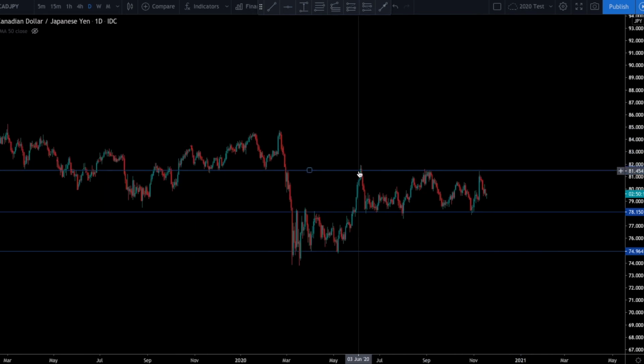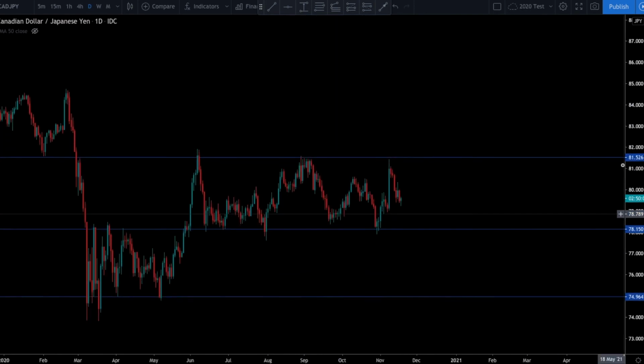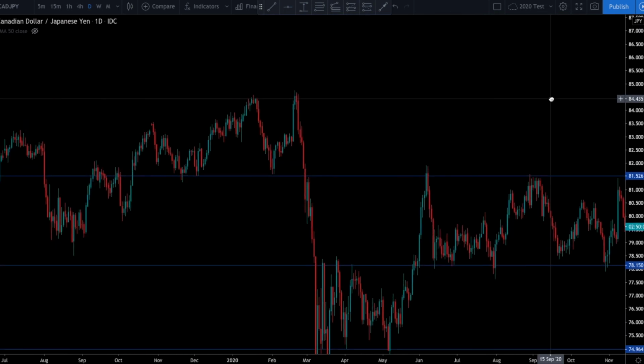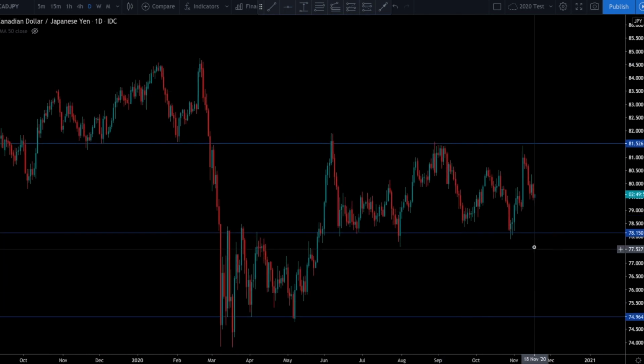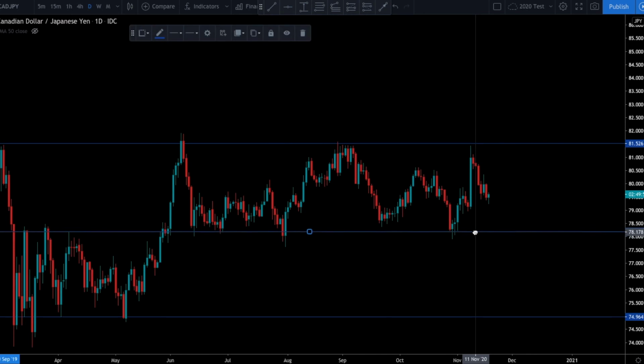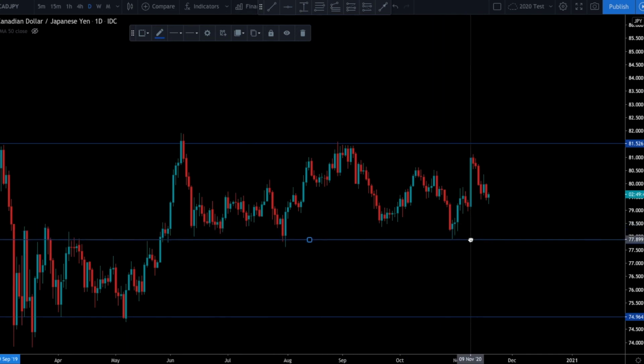So I like to go to the extremes. I like to keep my charts clean. I want at least 3 touches. And where you put the line in, you can put them on the open and close prices, or you can do it to the extreme levels, like right here on the wick, and you want to keep it the same.